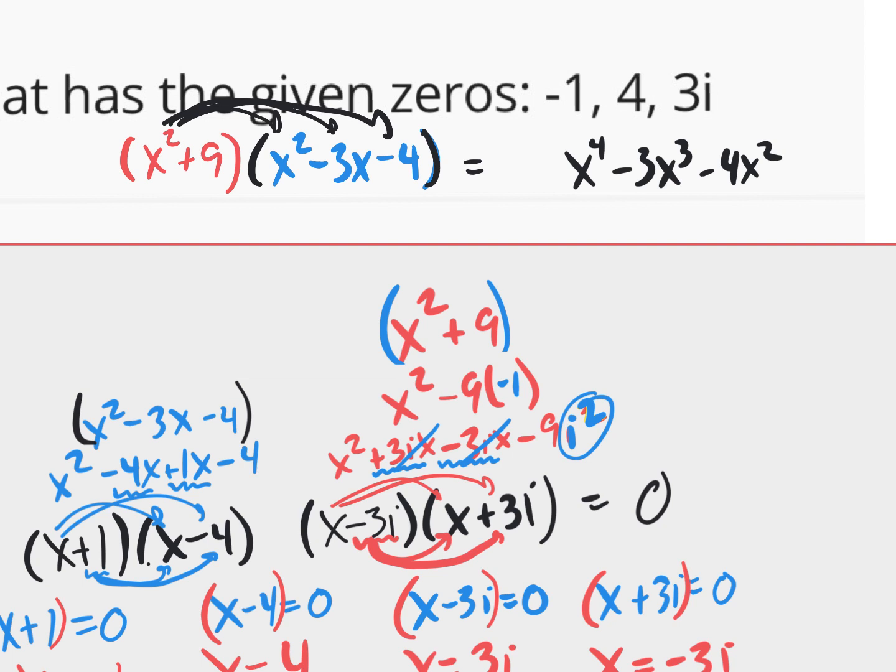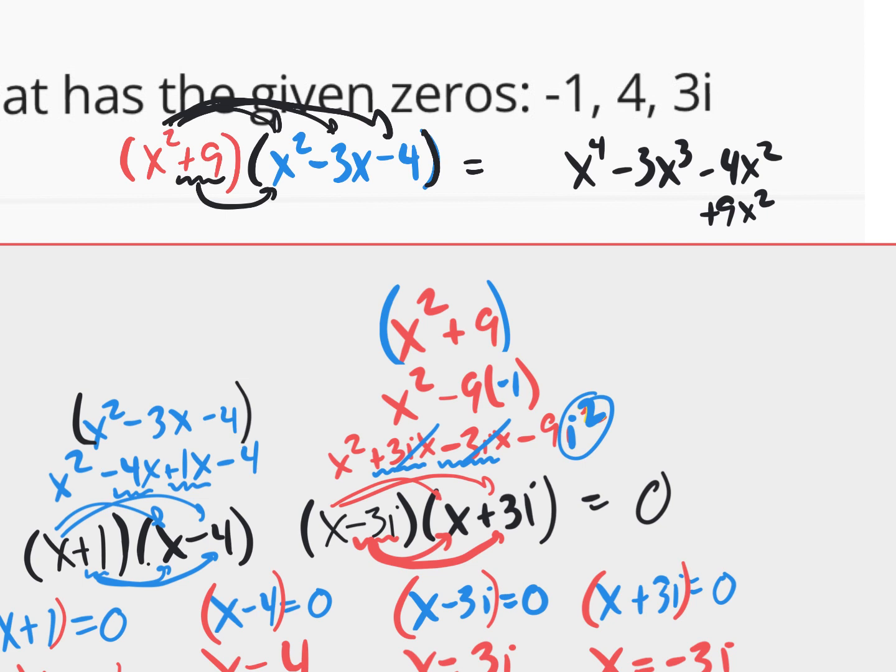Now this is where it gets a little tricky because I'm going to start combining already. Check it out. The positive 9 times x squared is a positive 9x squared. And where am I going to write that? I'm going to write that underneath the other x squared term so we could combine them easily.